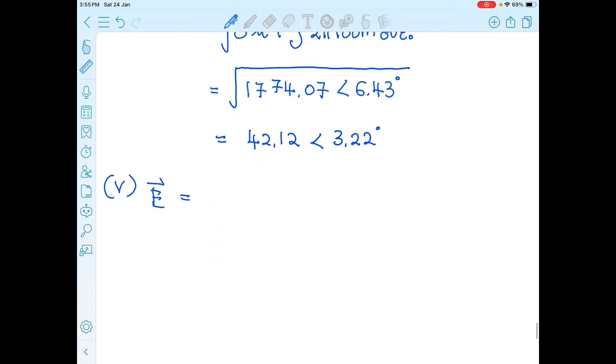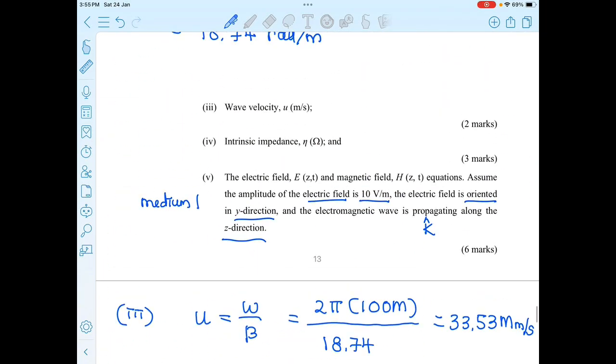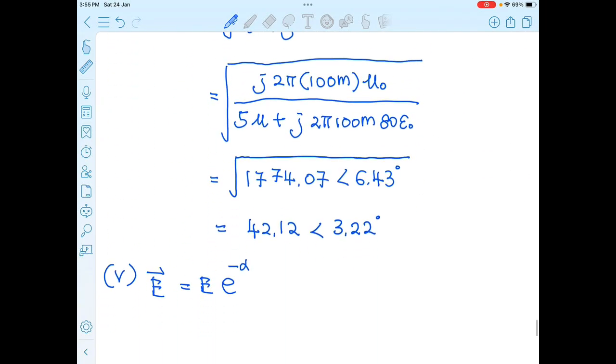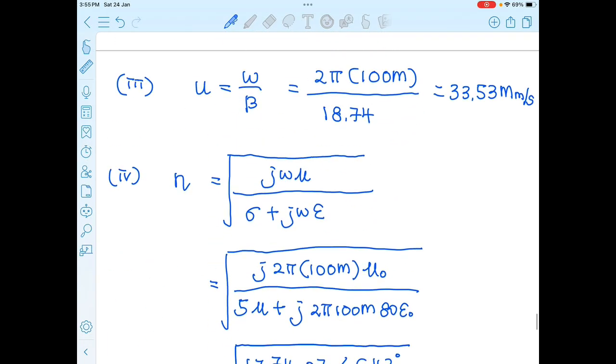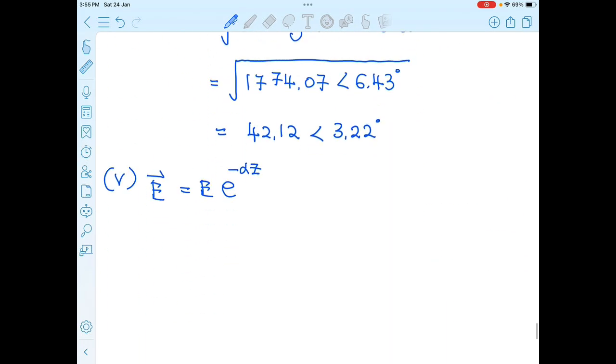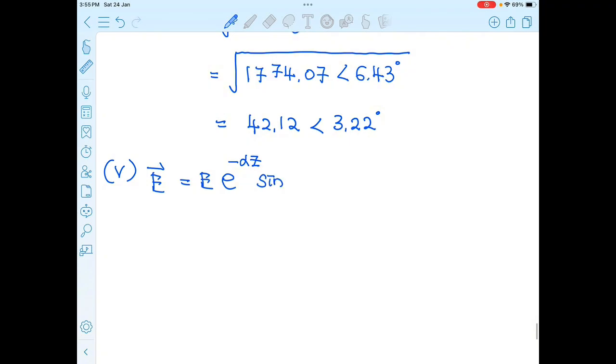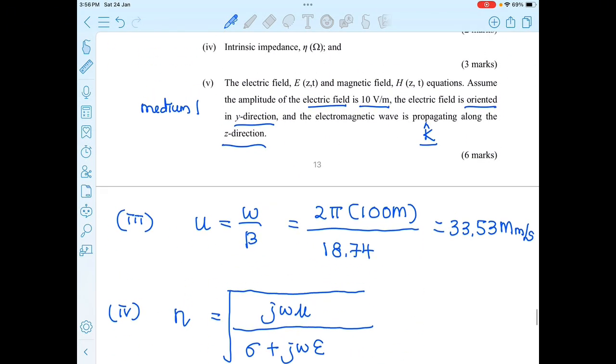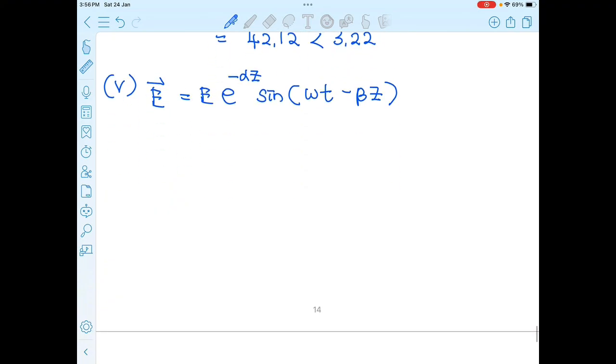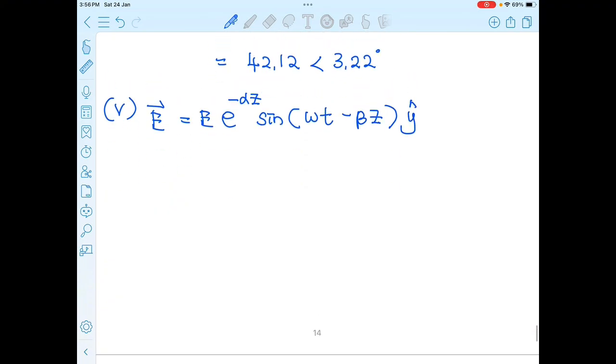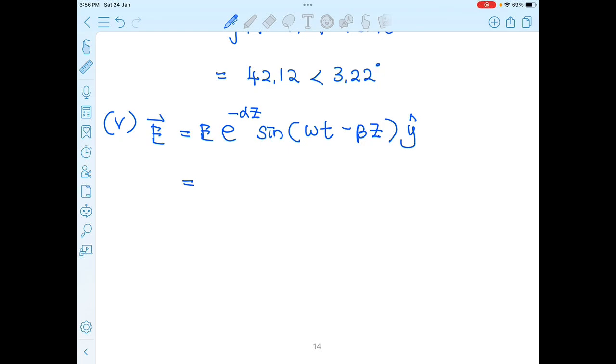You will have the amplitude, and then an exponent term with alpha, which depends on the wave propagation. The wave is propagating in the z direction, so negative z. It doesn't specify whether it is sine or cos, so it's up to you. You can put sine, so you have omega t minus beta z. And according to the question, the electric field is in the y direction.